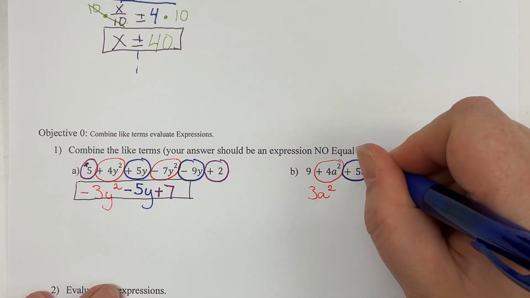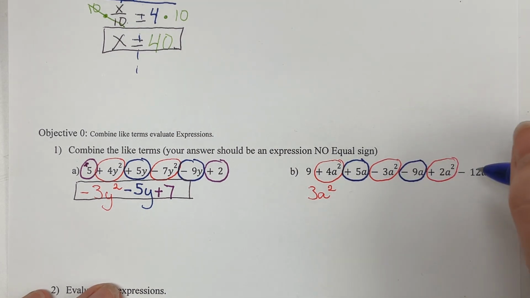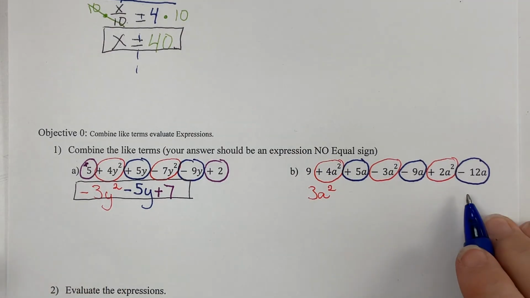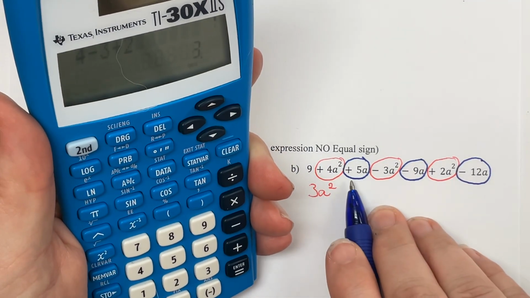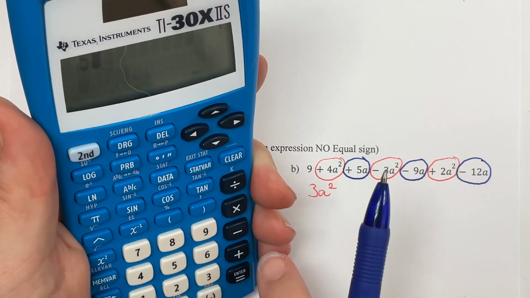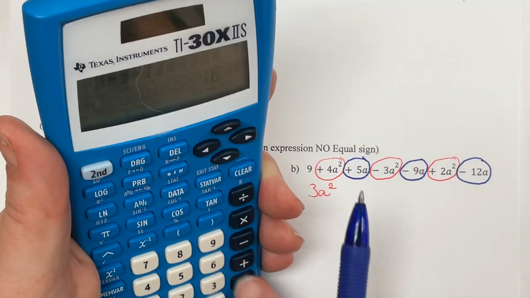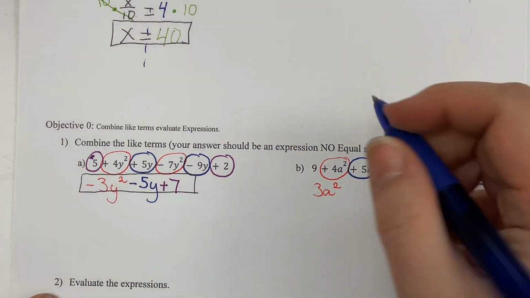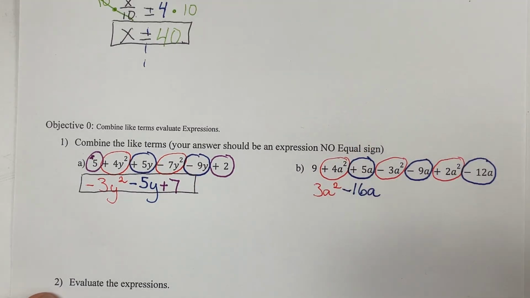Next, I'm gonna look for plain old boring a's. So here's a 5a. Here's a 9a. And here's a negative 12a. So let's do the exact same thing. 5 minus 9 minus 12 is negative 16, so negative 16a.